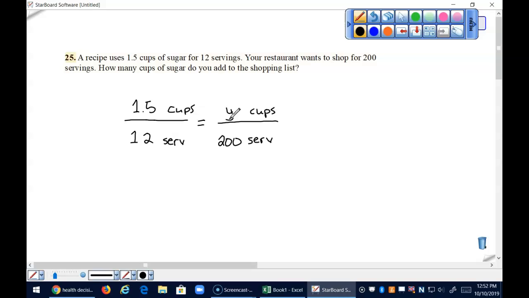Okay, now we need to cross multiply. Does it matter which diagonal I do first? I can do y times 12. Does it matter which side I put each of them on, on either side of the equal sign? No, there's two things that are going to be equal, right?